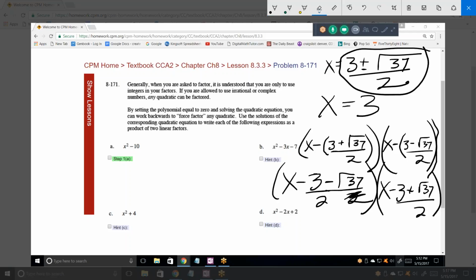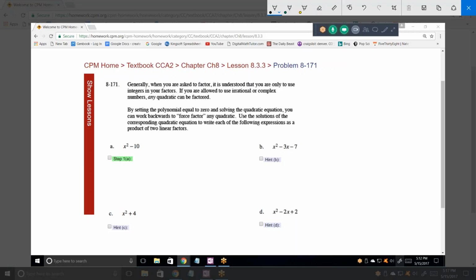Okay. Now, this one over here. Kind of what we did here, let me go back a step. What we really are doing is making that equal to 0. So I ended up with x squared equals 10, and x equals plus or minus the square root of 10.